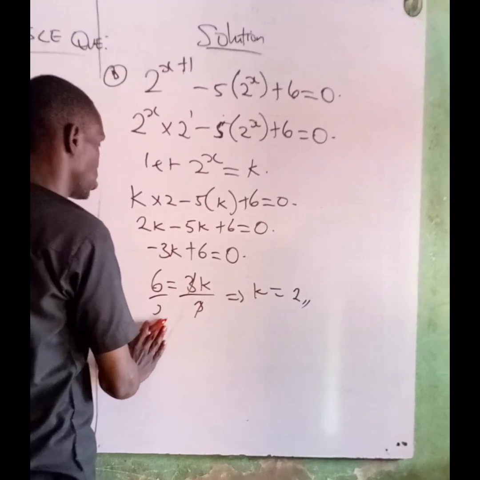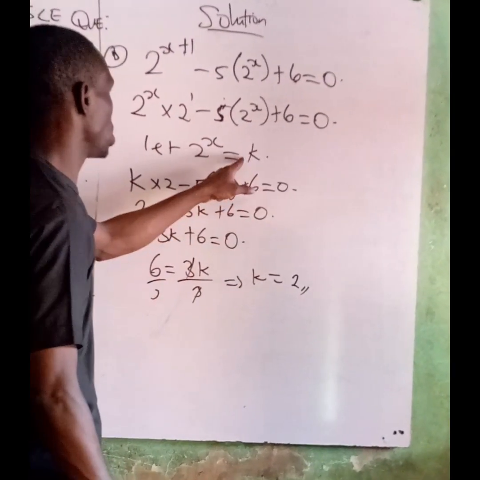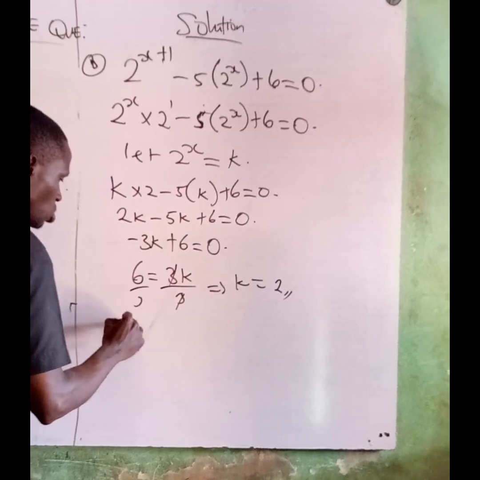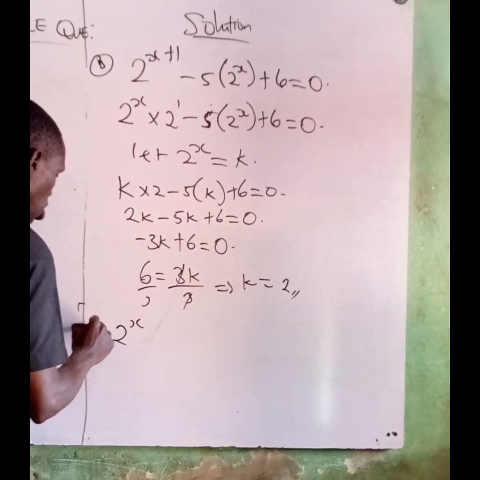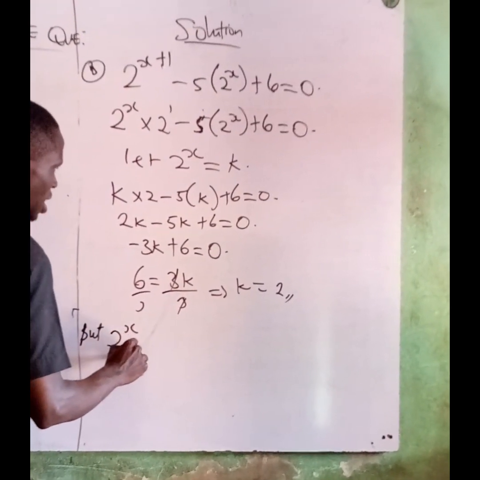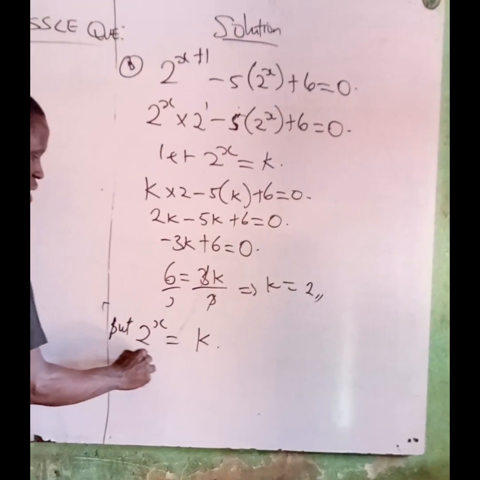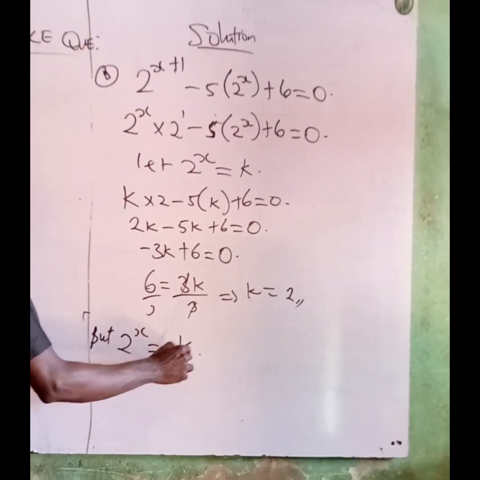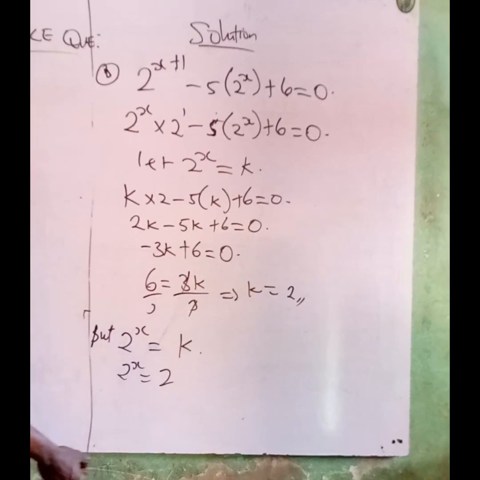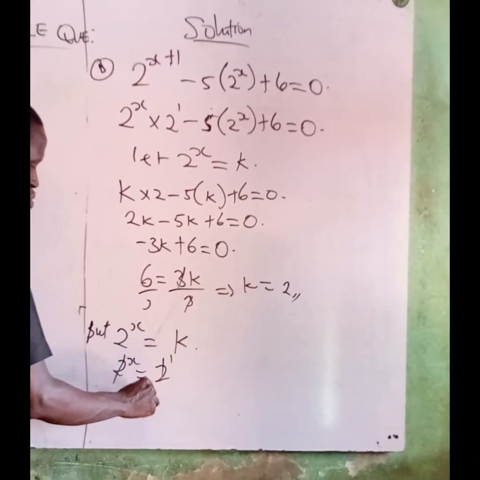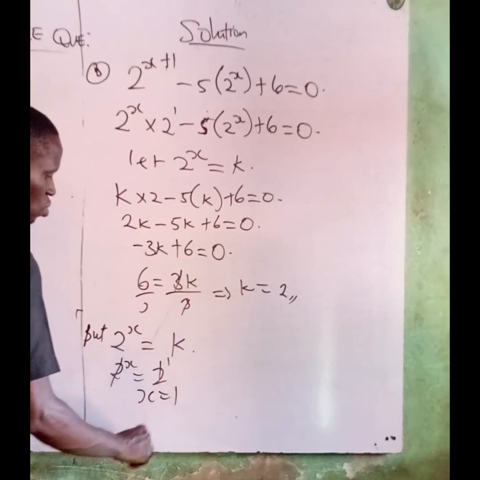That's our k. Never forget that k is not in our question. We need x, so we substitute. So we have 2 raised power x, but 2 raised power x equal to k. So you now have 2 raised power x equal to 2. So 2 over 1, 2 can cancel 2, then your x will give you 1.